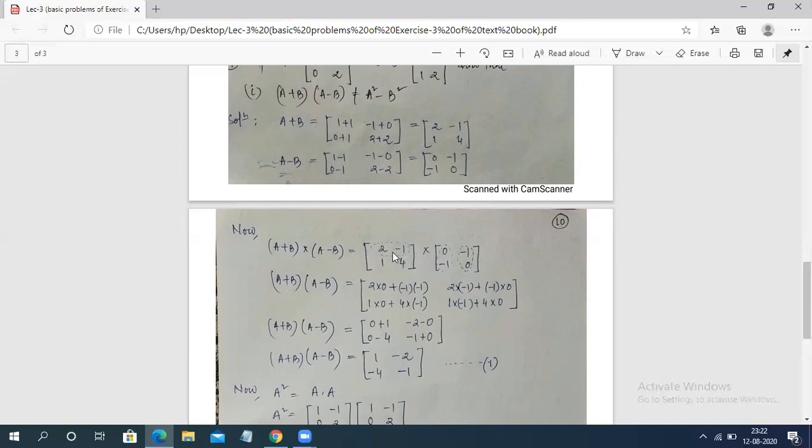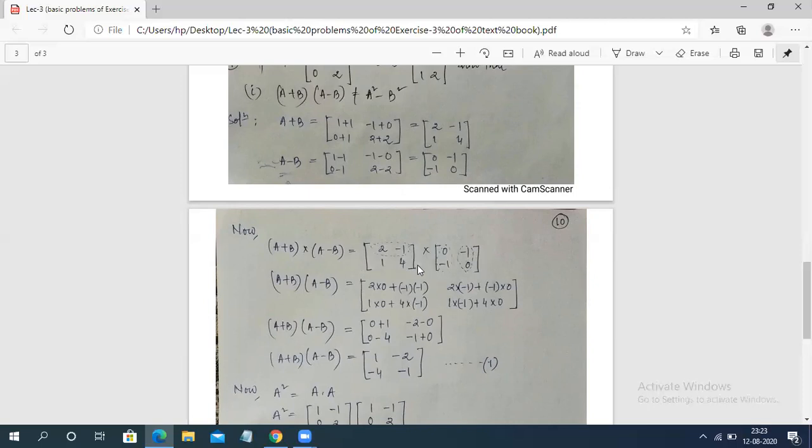When we multiply the first row with the first column, we get the first element of the resultant matrix. First row with second column gives the second element of the first row. Okay, first row with each column. Now forget about the first row and come to the second row. Second row with first column, and then second row with second column.